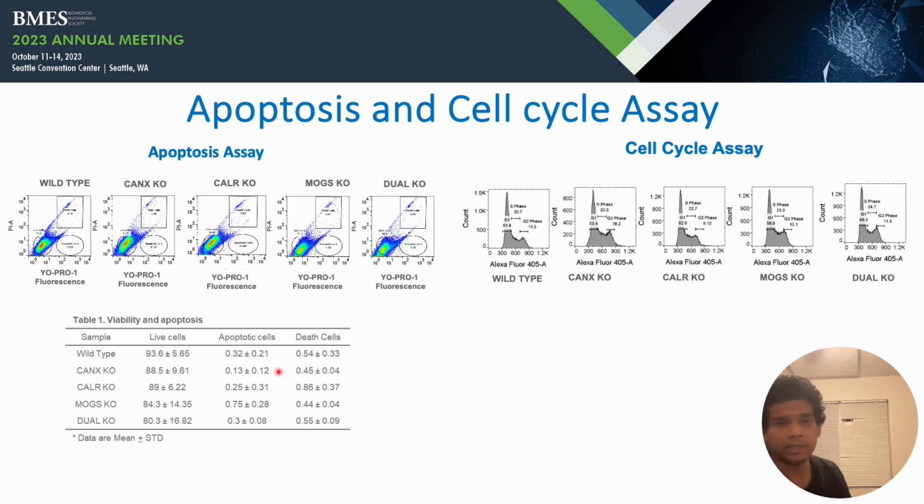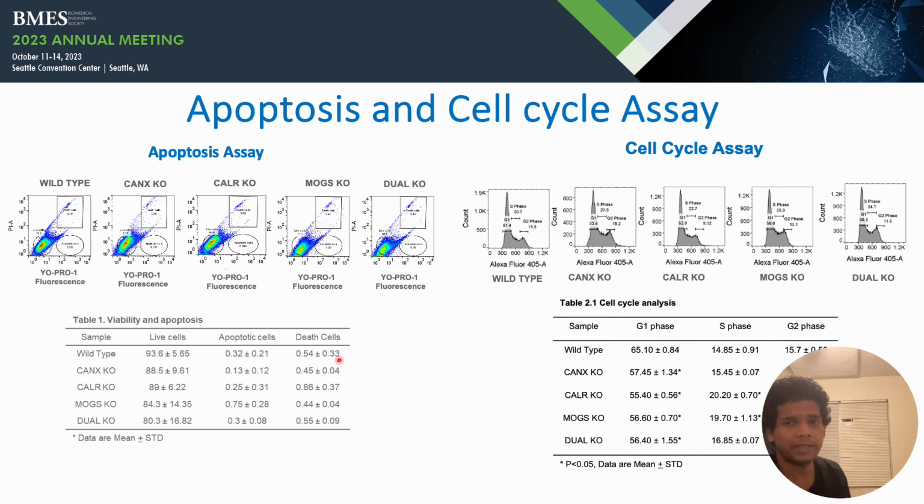When we did the cell cycle assay, we find that there are some significant changes in all knockouts in terms of the G1 phase, whereas for the S phase we can find that in the case of Calreticulin and MOGS knockout there is an upregulation.